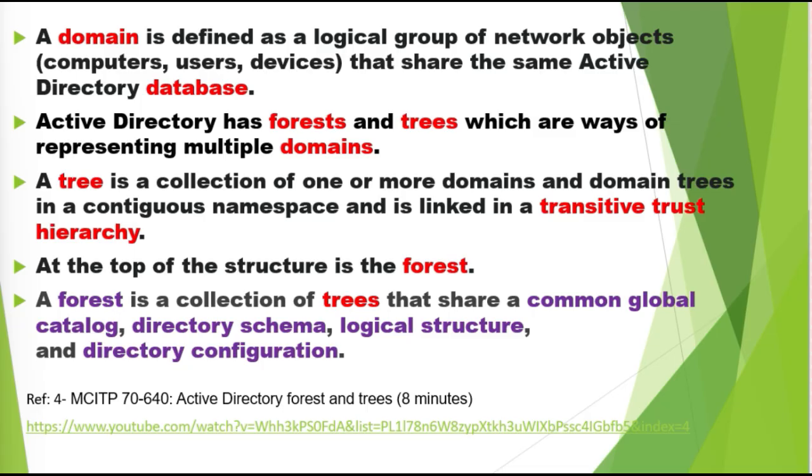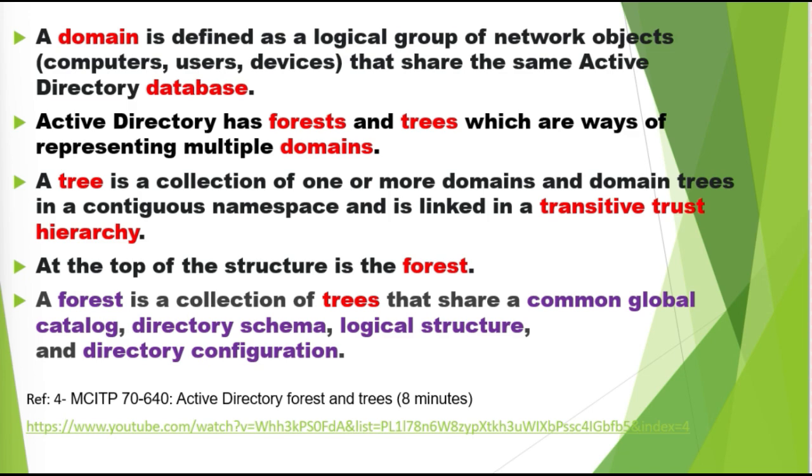So you can view a domain like a digital neighborhood. So you have a type of community in this digital neighborhood. It could be computers, it could be users, it could be other devices, for example, tablets, it could be printers, and they all share the same database, which is the Active Directory.